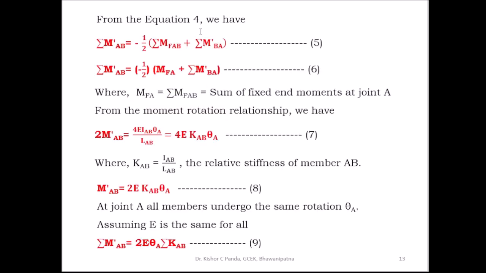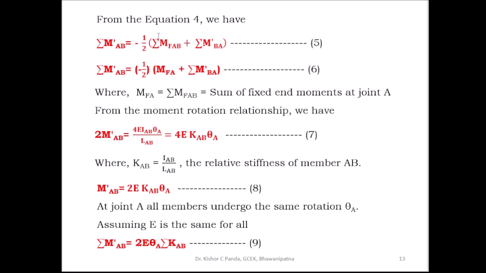Then from equation 4, we have summation of M dash AB is equal to minus half into summation of MFAB plus summation of M dash BA. After simplification, summation of M dash AB is equal to minus half into MFA plus summation of M dash BA.